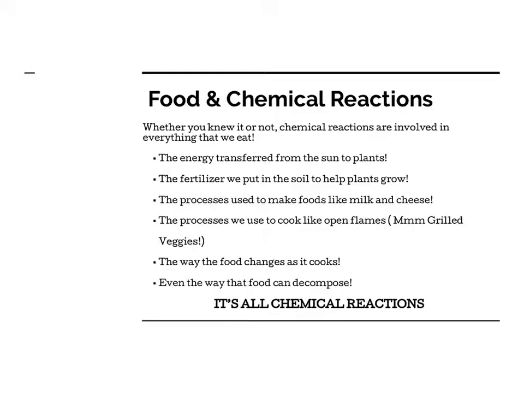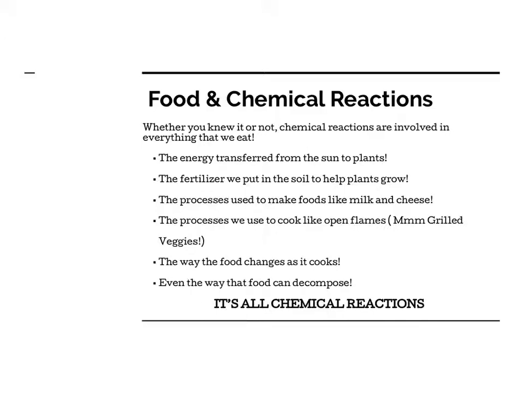Whether you knew it or not, chemical reactions are involved in everything that we eat. The energy gets transformed from sun to plants. Fertilizer that gets put in the soil helps plants grow. Even the processes used to make foods, to cook foods, and the way the food changes as it cooks all have chemical reactions which make it possible.